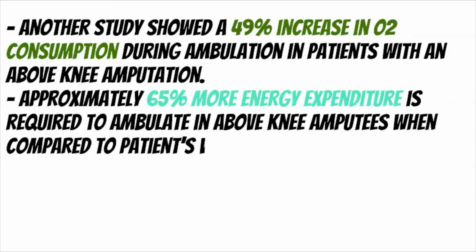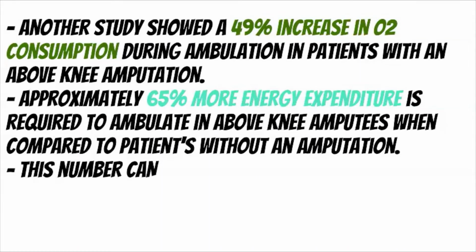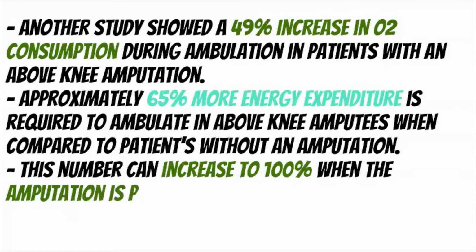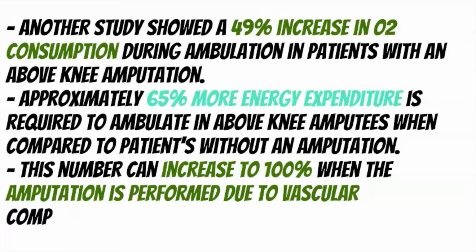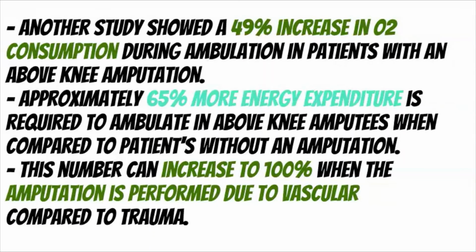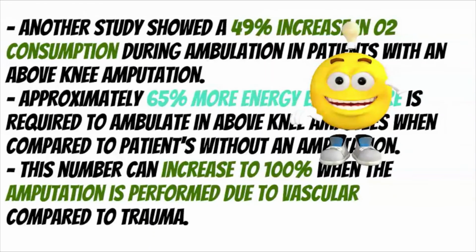Approximately 65% more energy expenditure is required to ambulate in above-knee amputees when compared to patients without an amputation. This number can increase to 100% when the amputation is performed due to vascular compromise compared to trauma.